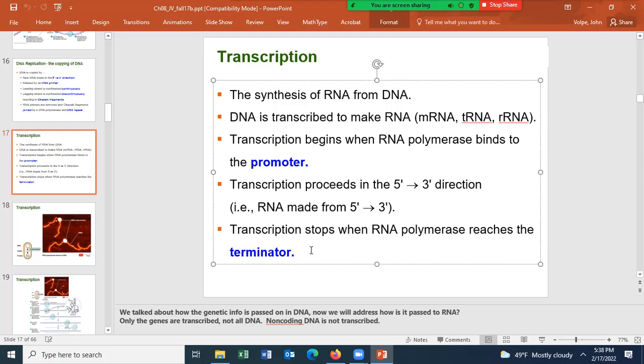And when that happens, obviously transcription stops, and the RNA is now free from the DNA and the RNA polymerase, and then it can move to where it wants to move. Any question about any of that?